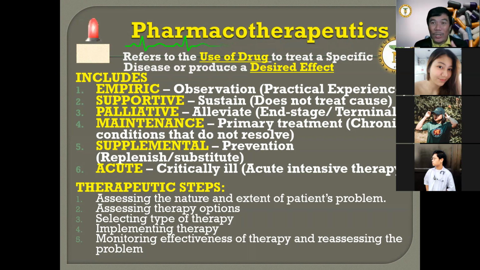So that's empiric. Another example is drugs being released in the market such as herbal medicines. Most herbal medicines are considered supplemental drugs, and they are usually identified as having no approved therapeutic claims.